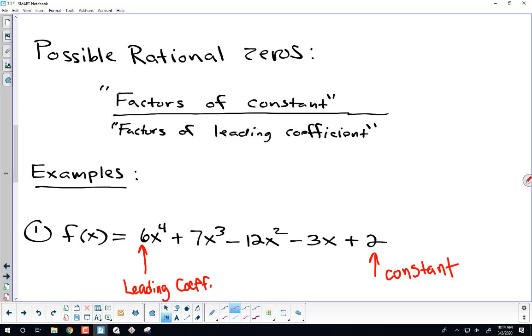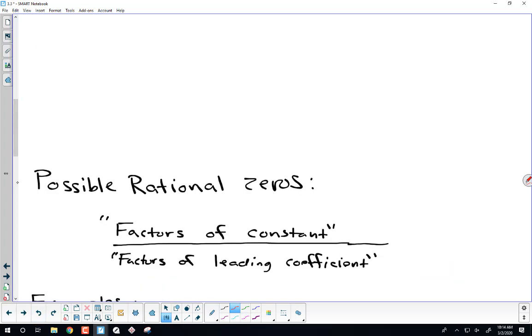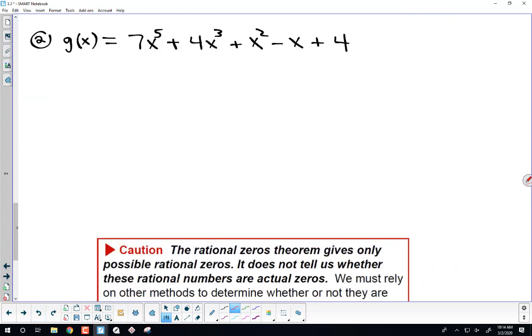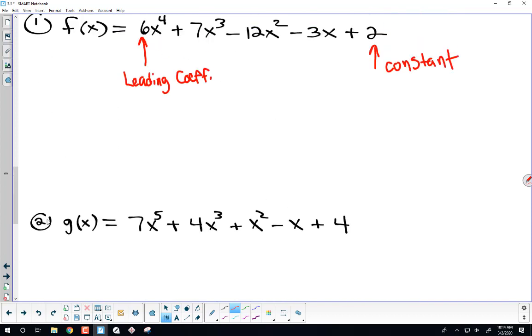It doesn't mean any of them that we come up with are guaranteed to actually be zeros or factors. So if we went through all of them and we didn't get any zeros, there wouldn't be any rational zeros for the function, right? Could be irrational, could be that they're imaginary. We wouldn't be able to find them.